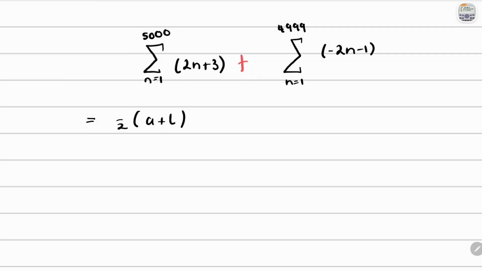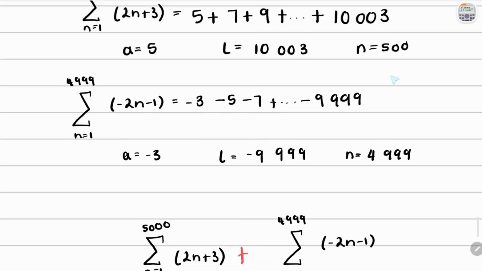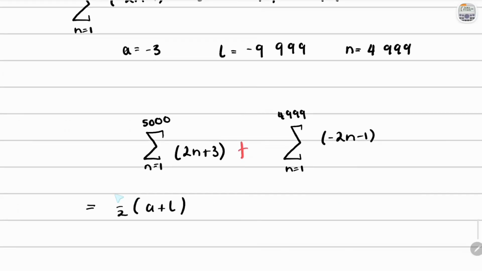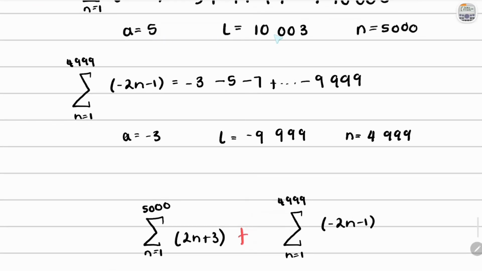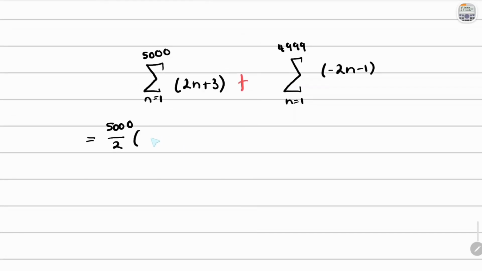In place of n, we had 5,000 terms. I noticed I said 500. So 5,000 terms here divided by 2. And then the first term was 5 and the last term is 10,003. So we'll say 5 plus 10,003. And we are adding this to this one.